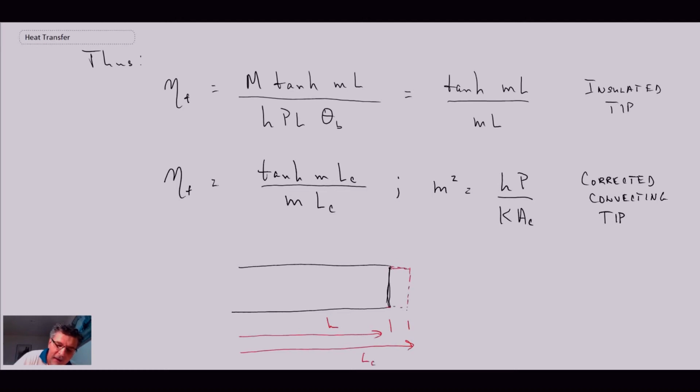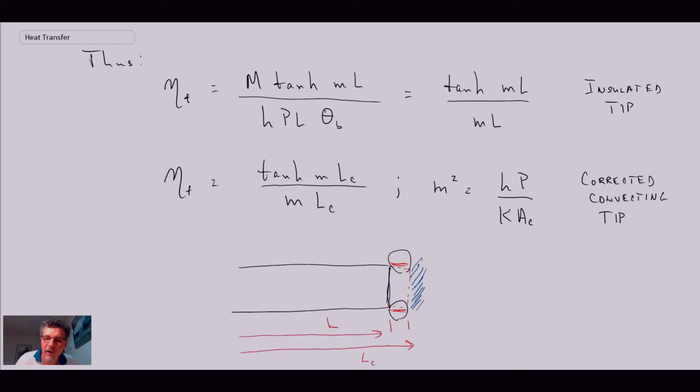We're adding a slight increase to the surface area, but then we're saying that we're going to have insulation on the tip. So to approximate the convection, we just add a little bit of area there to increase the convective heat transfer, and then we use the insulated tip solution, which was simpler. With that, we can come up with an expression for the fin efficiency and then compute the amount of heat being withdrawn by the fin.